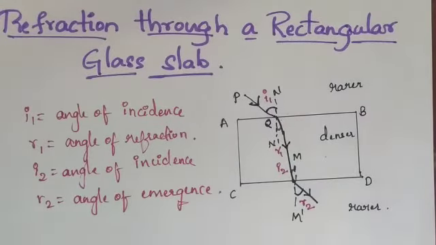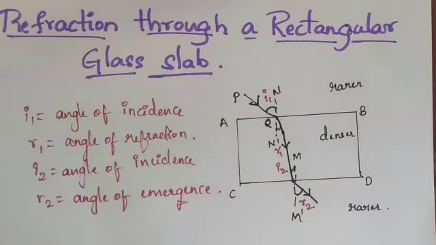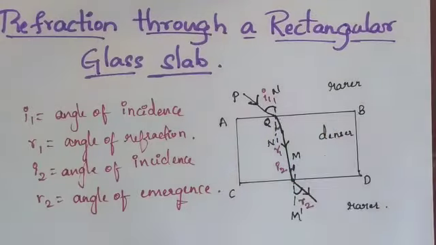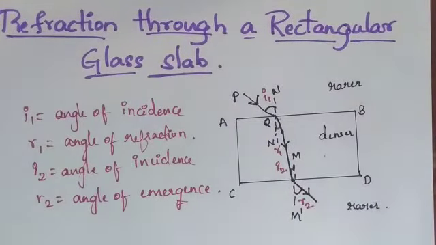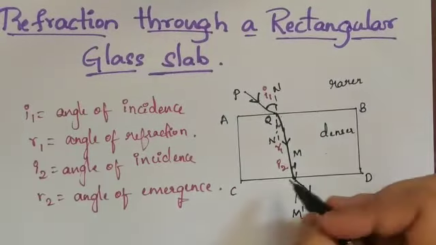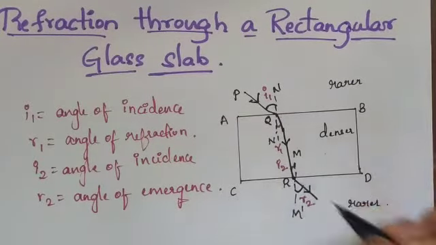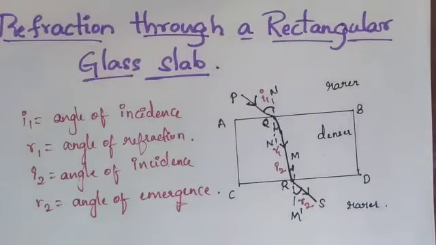So based on the concept we have discussed, rarer medium to denser medium to rarer medium, we have got these points. Before that, if PQ is there, then this I am going to denote as R. This is the point of incidence and this is S, the emergent ray I have considered.